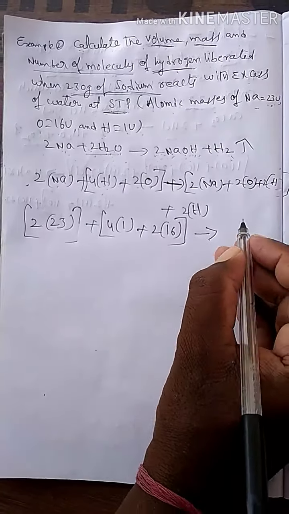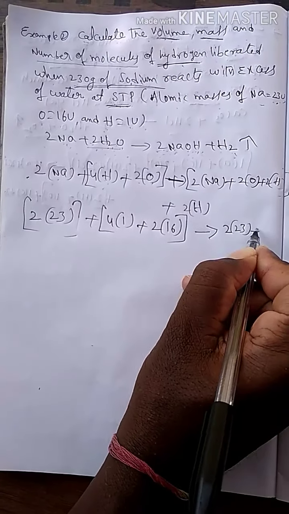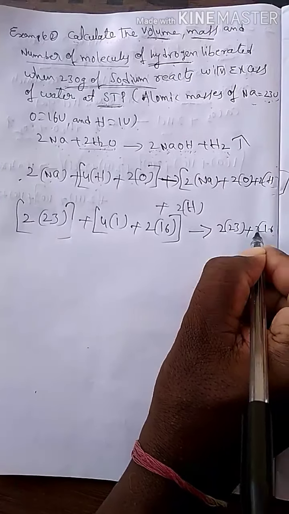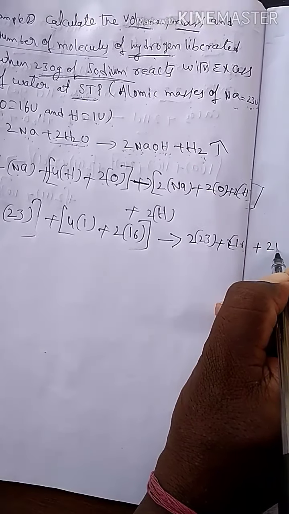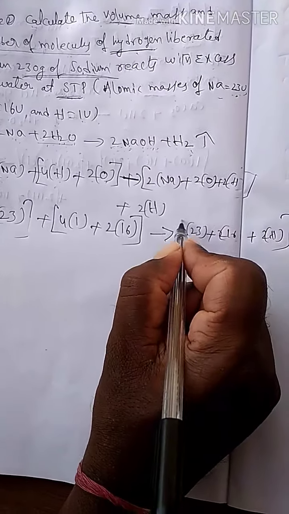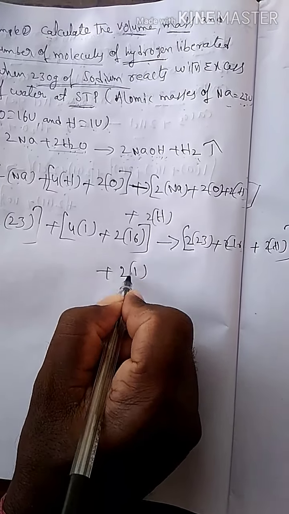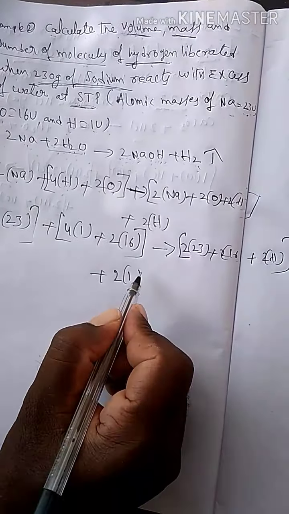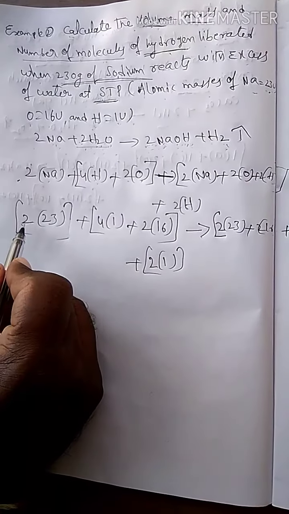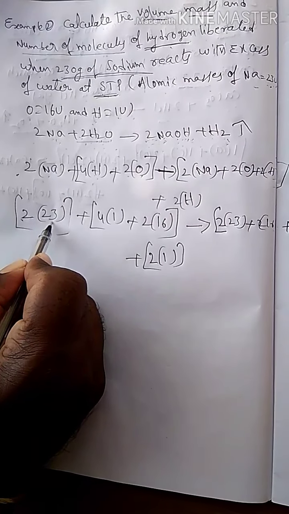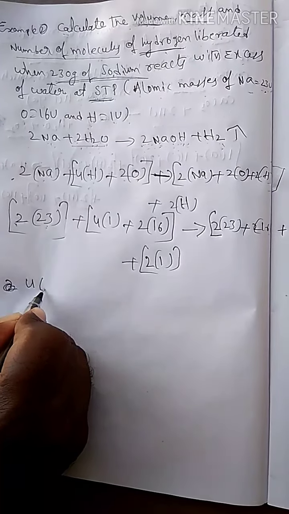Now gives rise to 2Na, the value is 23, plus 2 into 16, plus 2 into H. This compound is also over. Plus 2H, 2 into H, H is 1. Here 2 into 23: 23 twos are 46, 46 grams.